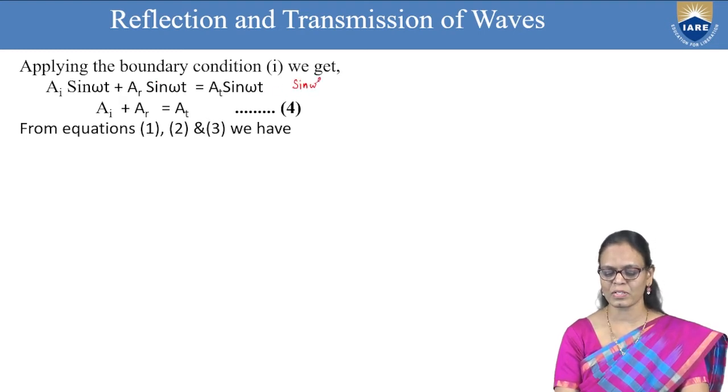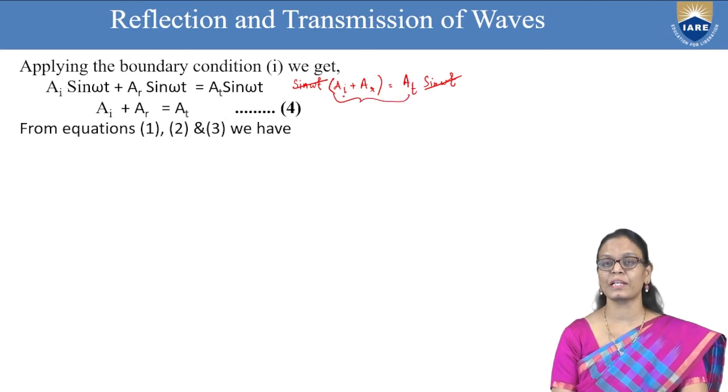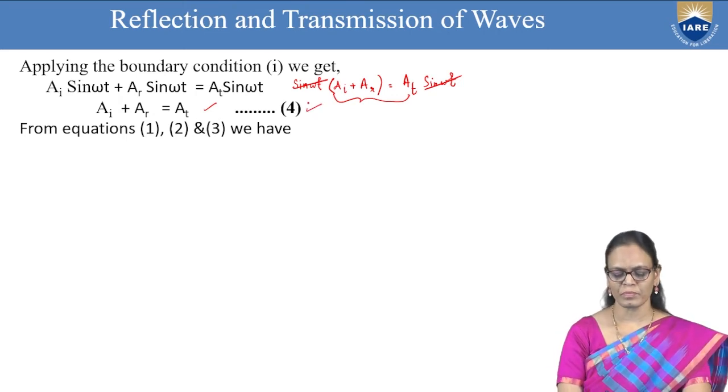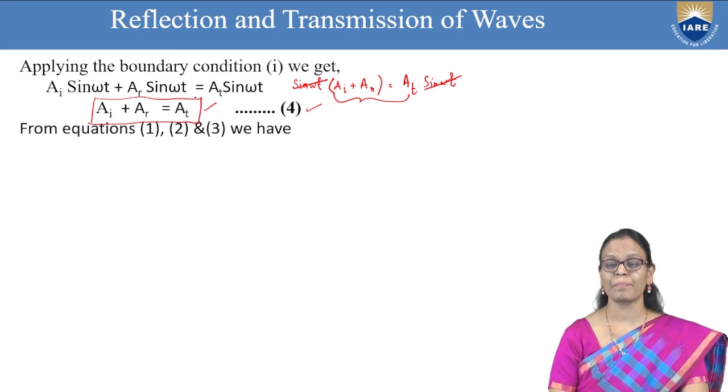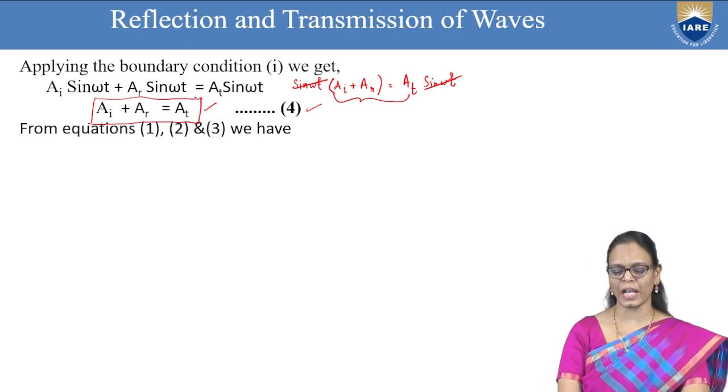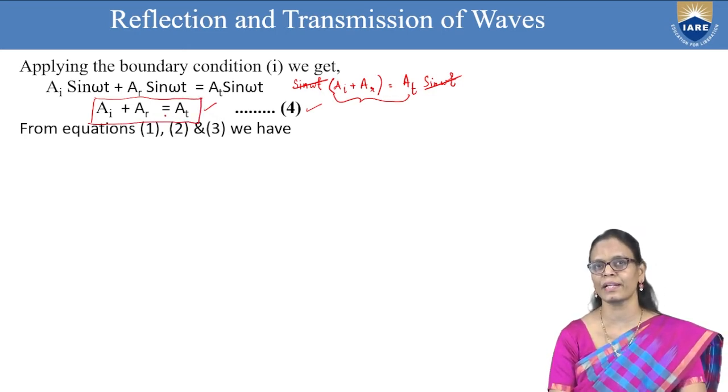If I take out sin omega t, sin omega t gets cancelled on both sides. What we are left with is AI plus AR is equal to AT, and this is equation 4. This is what we get by applying the first boundary condition.